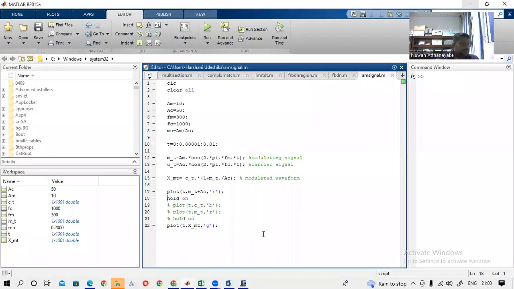So I will use this, and I put here minus AC. I have to remove the hold on here also.